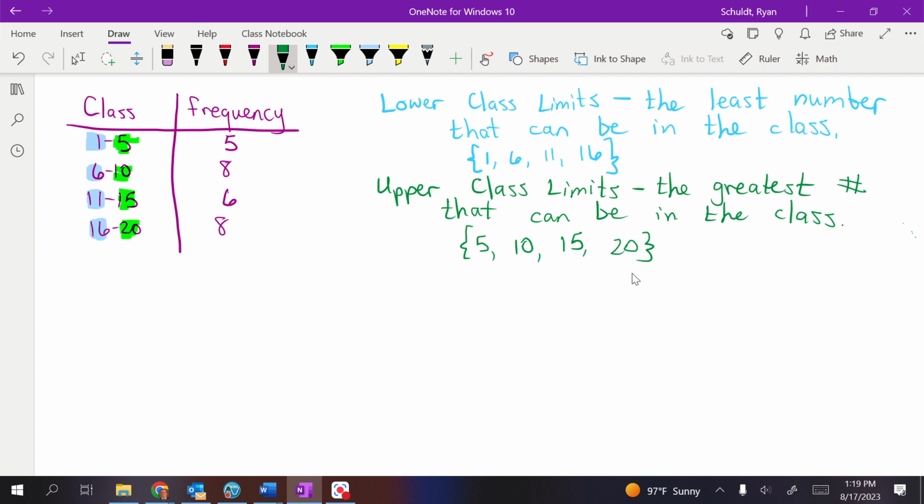Then we have something called the class width.